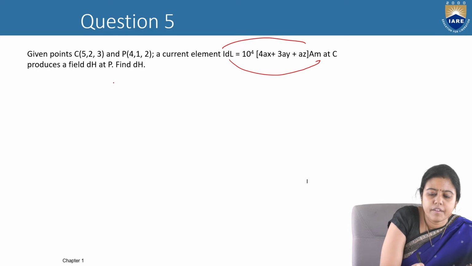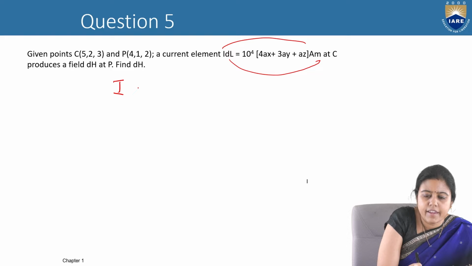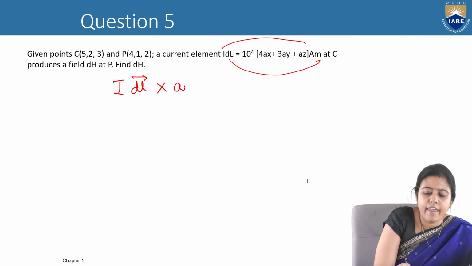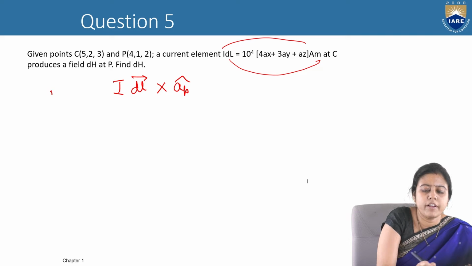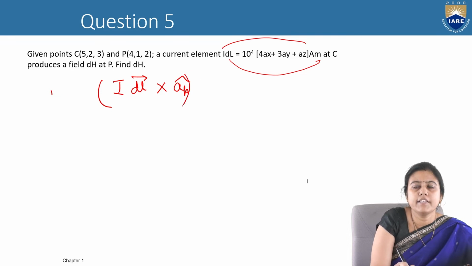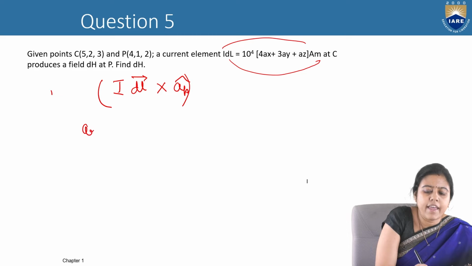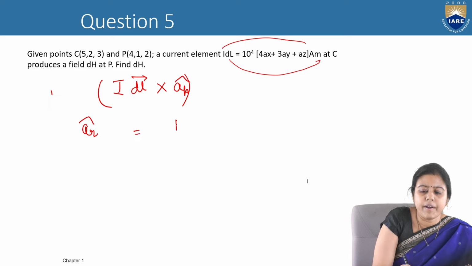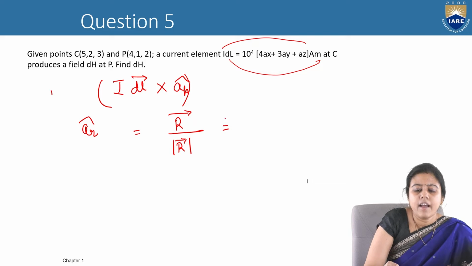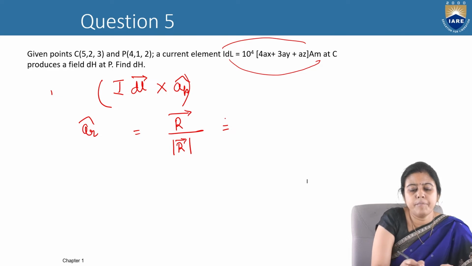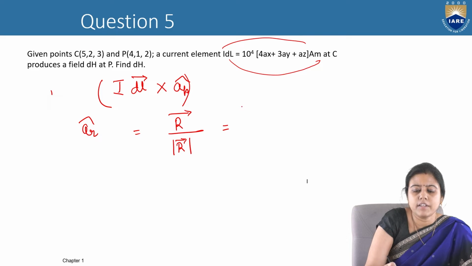We know dH is I dl cross AR, divided by 4 pi R squared. We need this term. What is AR? AR is nothing but R by mod of R. So what is R? We have to take the points.